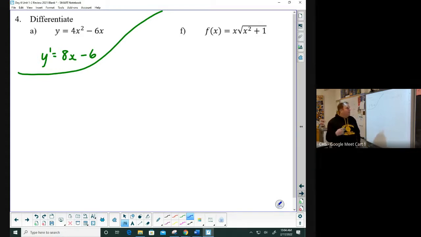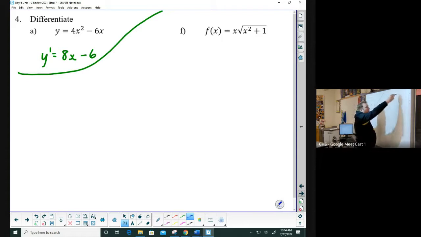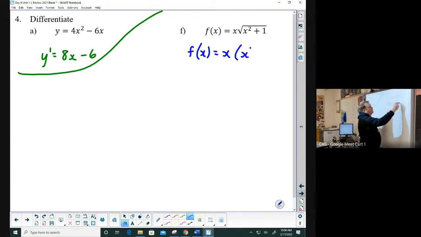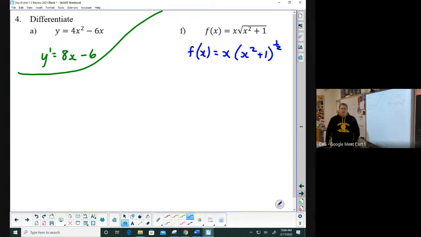I don't have any differentiation rule for root functions, which means I have to change it into an exponent. So I'm changing it into the exponent 1/2. Remember, the square root of something means to the 1/2. If it was the cubed root, it'd be to the 1/3. The 4th root would be to the 1/4. So I change it to an exponent because I do have differentiation rules for exponents.